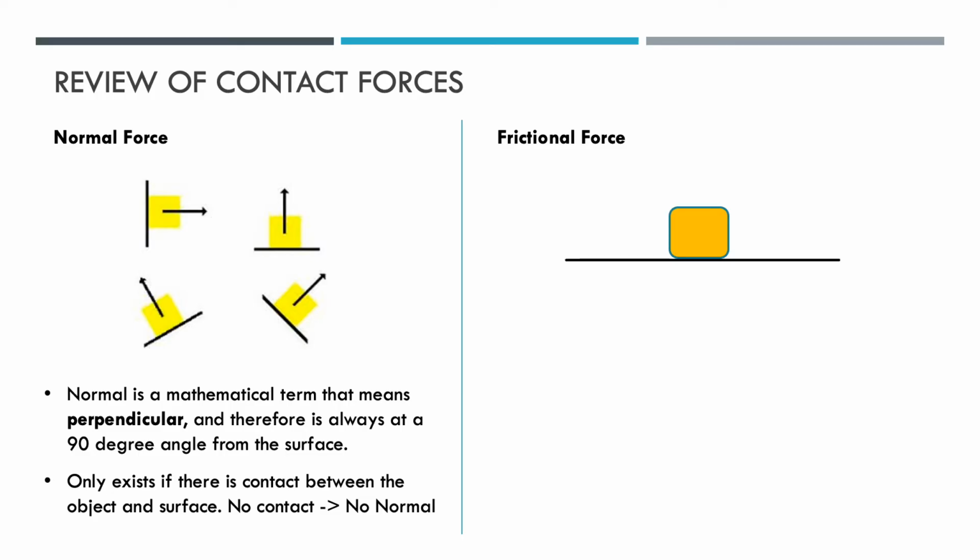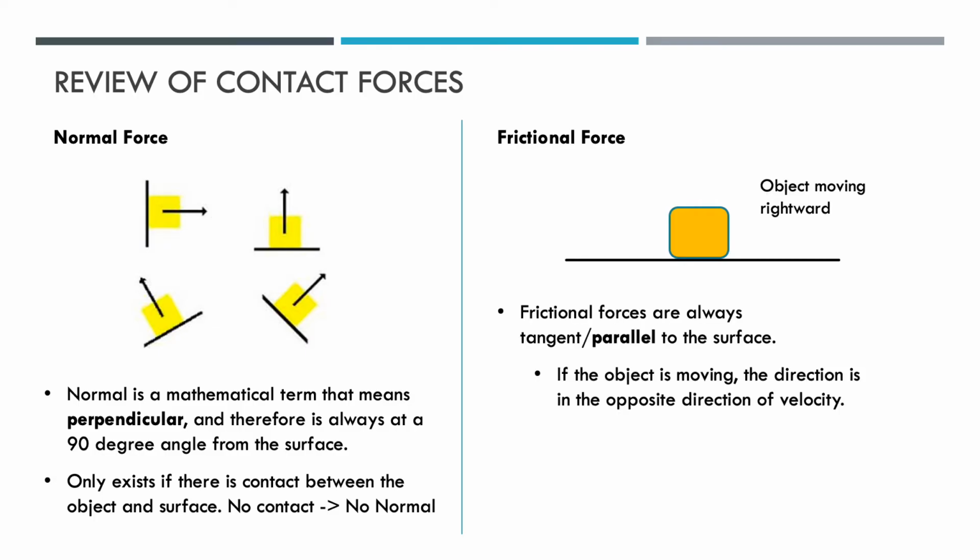Frictional force is kind of a complementary thing to normal force. Whereas normal force is the perpendicular force, frictional force is the parallel force. If an object is moving, the friction is going to try to slow down the object and go in the opposite direction of motion. Now, if the object is at rest, the frictional force is only there to preserve rest.